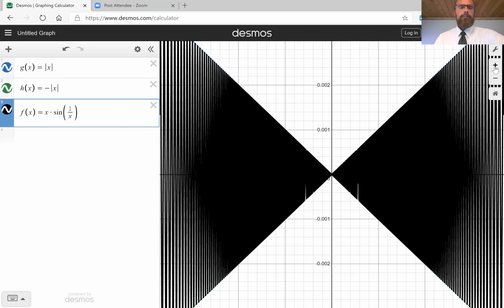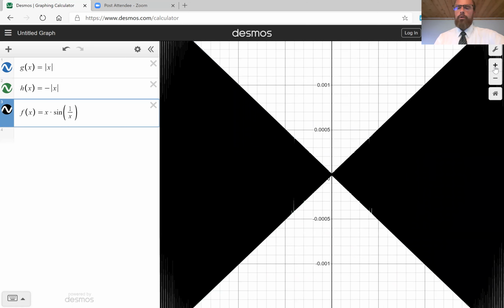And this function, x times sine of 1 over x, I cannot take its limit as x gets close to 0, because no matter how far I zoom in, I'm not going to actually get a specific value at 0 because it's going up and down and up and down. Crazy function.